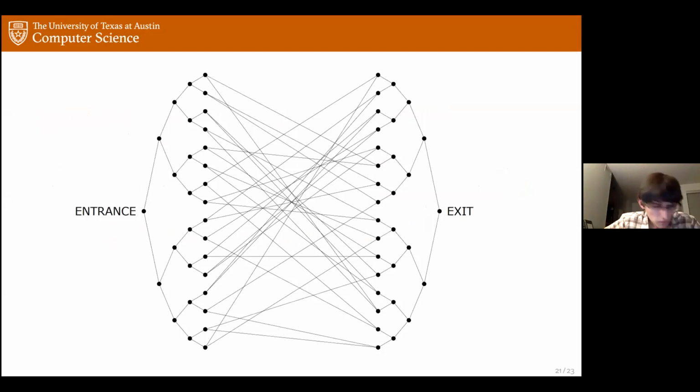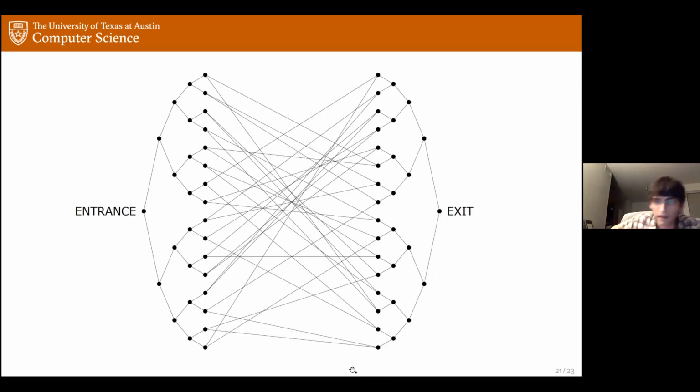So the starting point for this work is the well-known quantum speedup for what's called the welded trees problem. And here you have a graph that looks like this. You have a balanced binary tree on the left and another balanced binary tree on the right, and they're connected by a weld, as we call it, just a random bipartite graph in the middle.